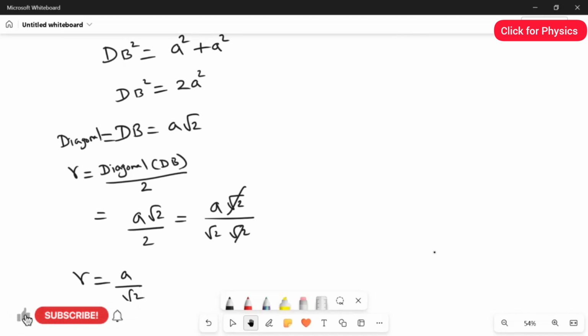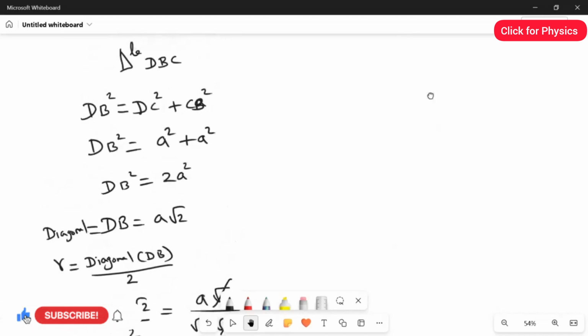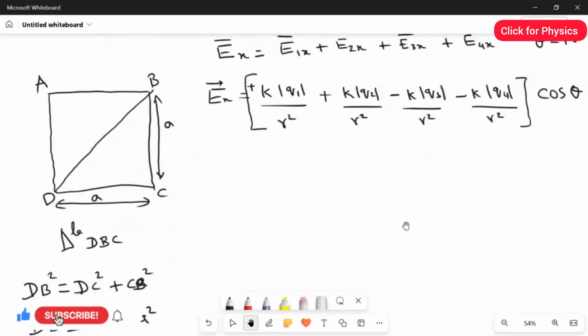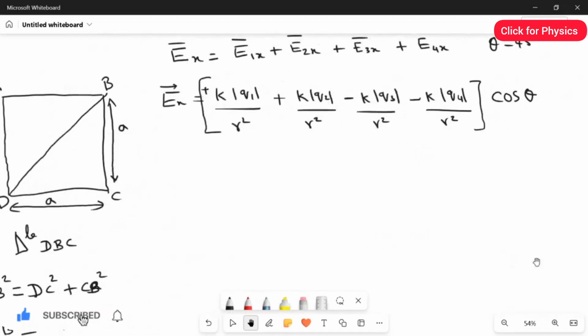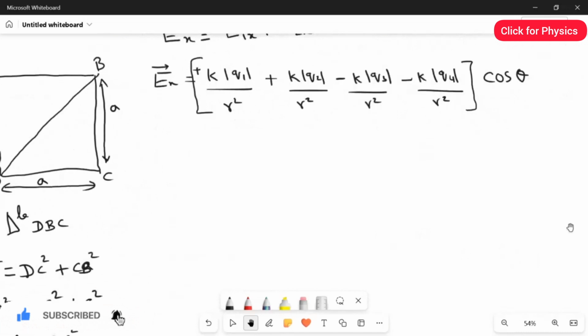Now we have to substitute this value of r in the previous equation. And also we have to use the angle for cosine, because we already studied that in trigonometry, right? So I have to go back and substitute the value here. Let's take the common term outside. If we take the common term outside, what will we get?